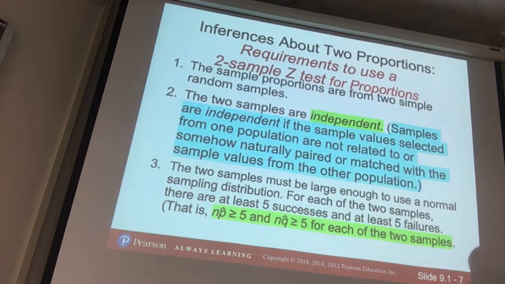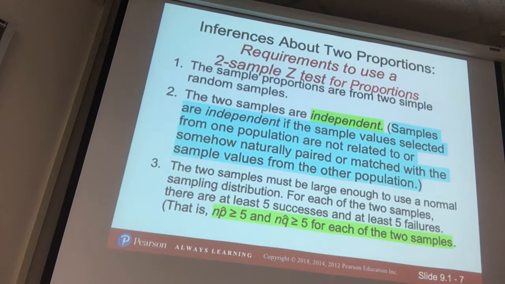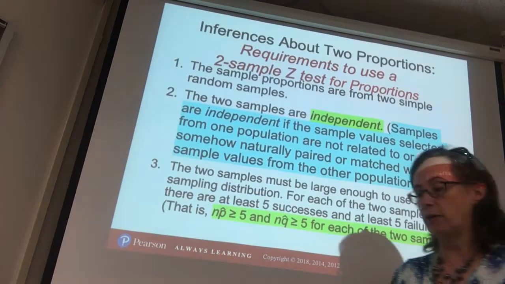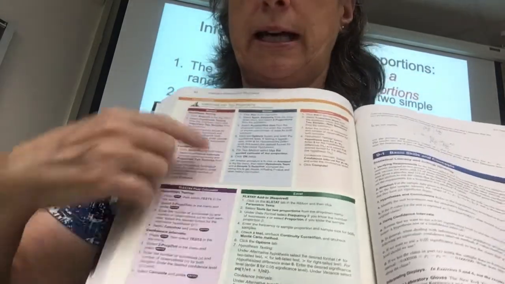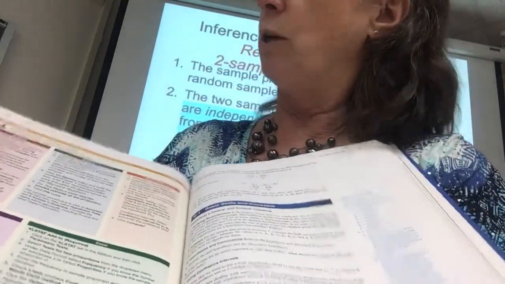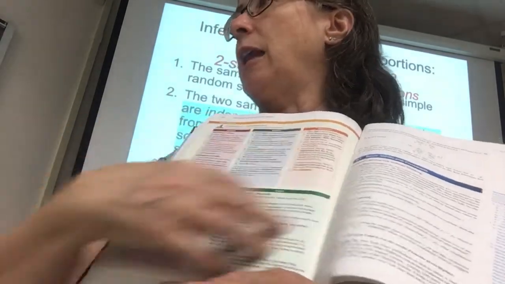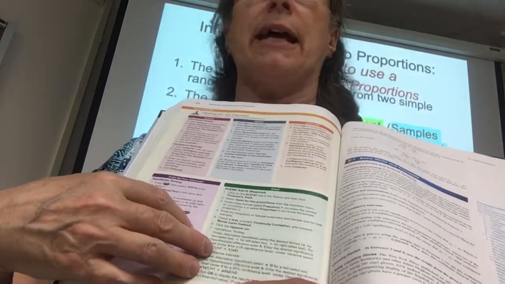So look on page 422 if you have your book. Page 422 is right at the end of 9.1, and it gives you the keys here. So I'm going to show it here on the video: this is page 422, and it gives you the technology for the 9.1 section.